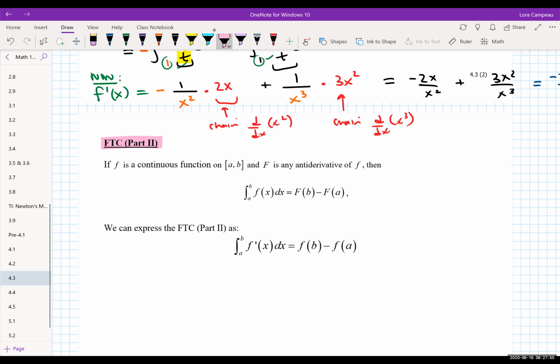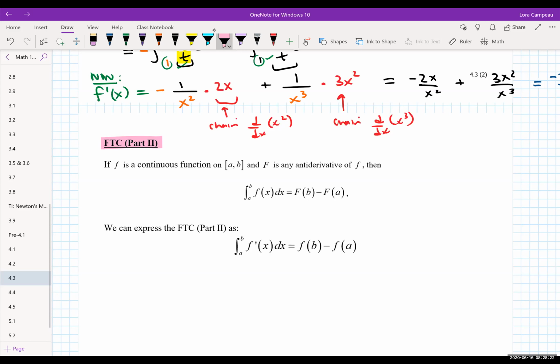But this is a very, very powerful idea that as long as your function is continuous on the closed interval, it finally relates the integral to an antiderivative. And so you're kind of wondering, wow, well, that's why we pushed section 3.9 a little bit closer to chapter 4. It makes more sense.